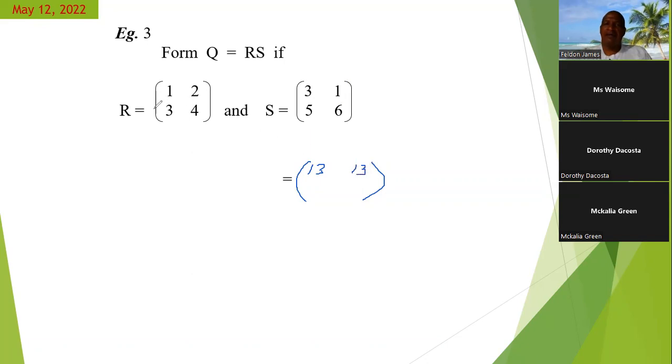All right, so we have second row, first column now. 3 times 3, 9. 4 times 5, 20. So 29 for that one. All right. So now let us check this last one. We say that we're using the second row now with the second column. So 3 times 1, 3, and 4 6s, 24.